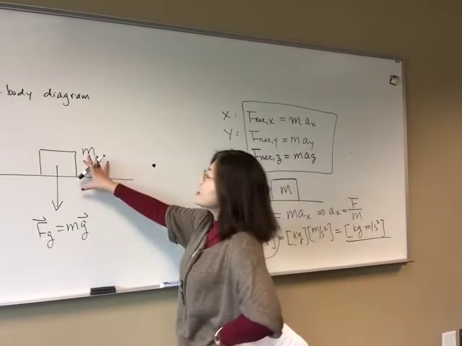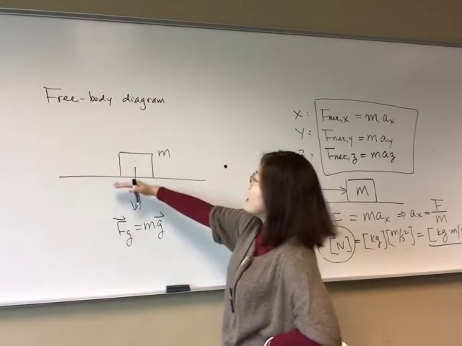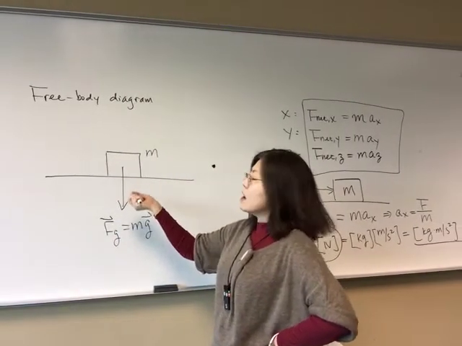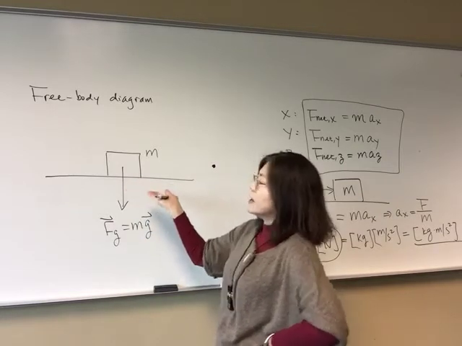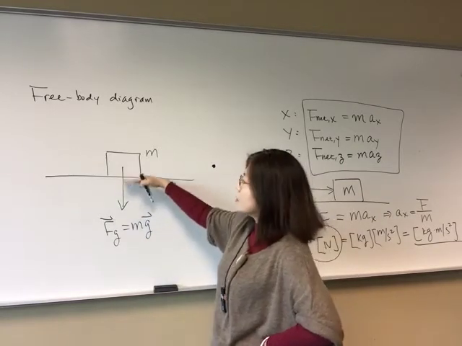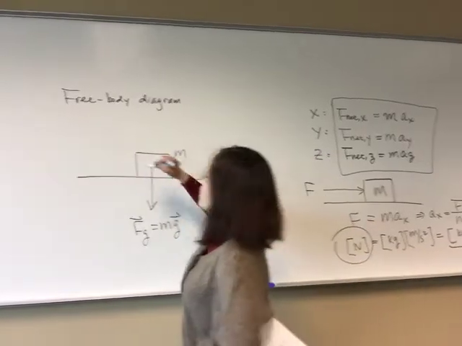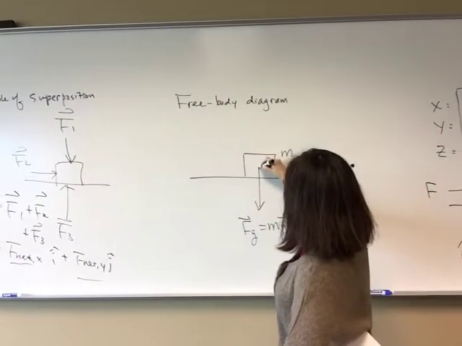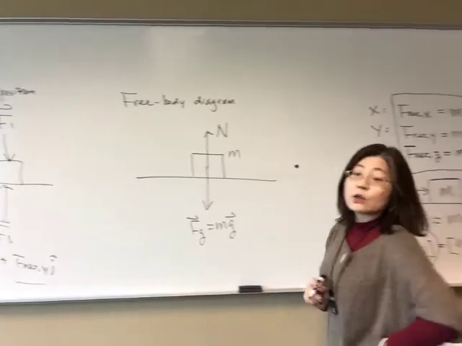Now this object does not fall down. That is because the tabletop provides a supporting force acting on the object, so that the object is supported by the table and does not fall to the floor, for example. We call that force the normal force. We use capital N to indicate a normal force.